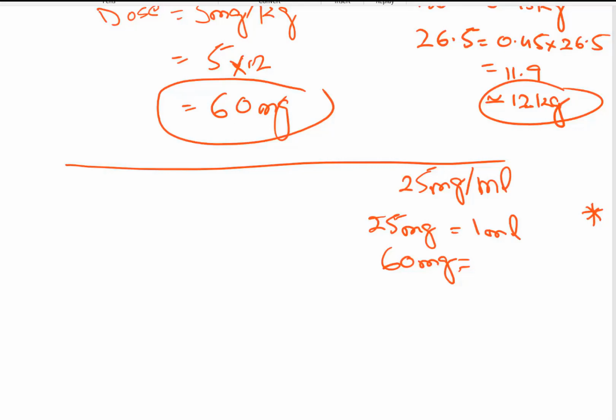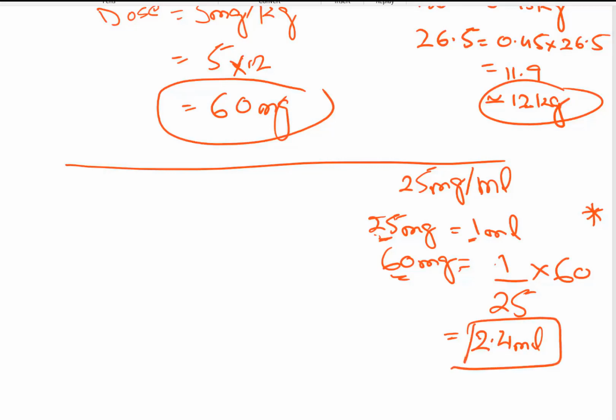So if 25 milligram is present in 1 milliliter, 60 milligram will be in, so that's how I do it. This divided by this, multiplied by this, that will be 2.4 milliliters. So the answer here is 2.4 milliliters. We need to give 2.4 milliliters of aminophylline that will provide 60 milligram of the dose.